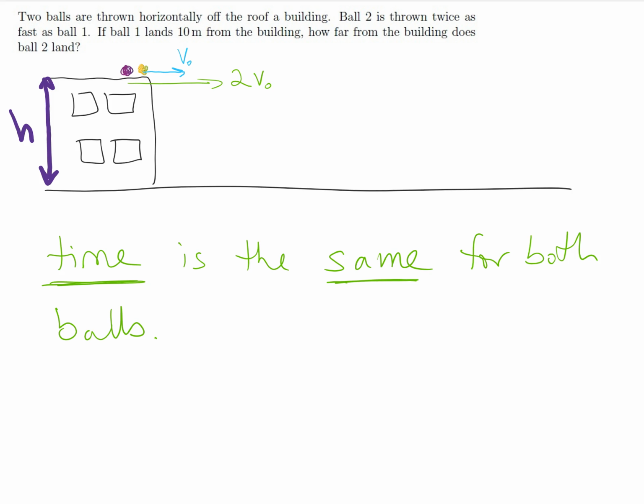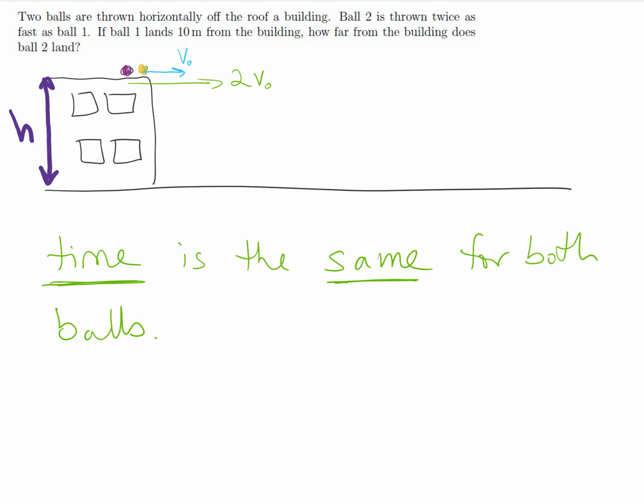The point of that demonstration was to show that the motion in the vertical direction, which depends on gravity, is totally independent from whatever is going on in the x direction, right? So we can use the same logic and say that for these two balls, they're both going to hit the ground at the same time.